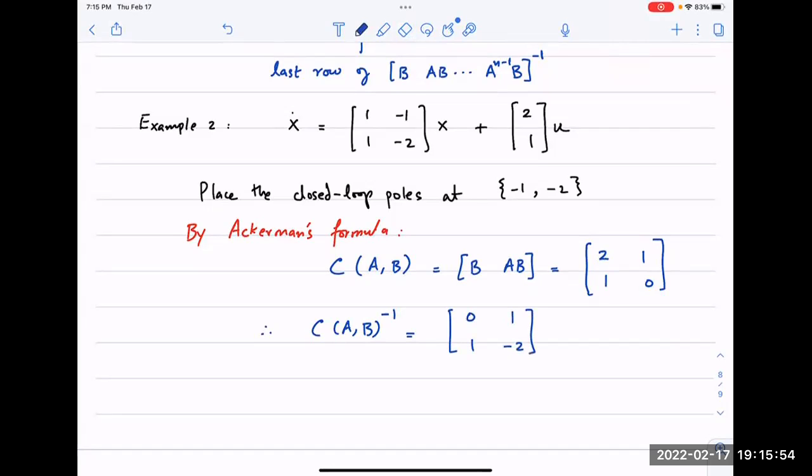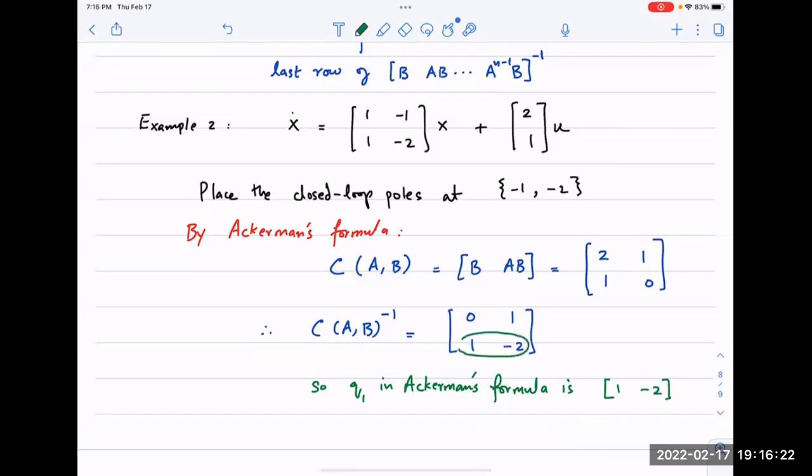So this says the Q1 in Ackermann formula is actually 1, minus 2. It's the last row of this thing here.